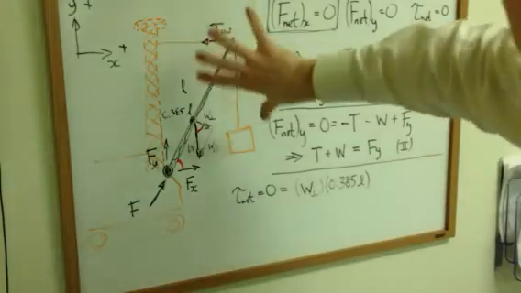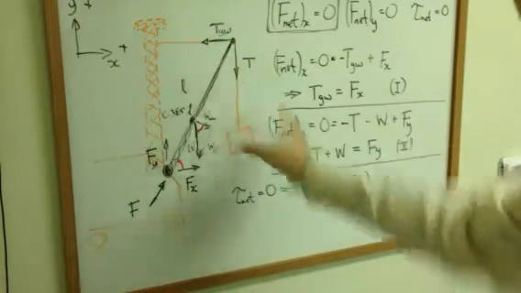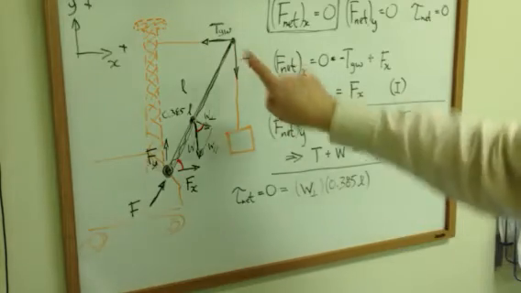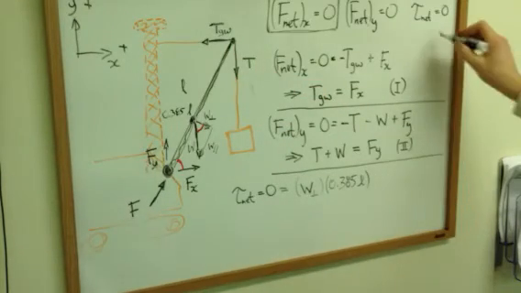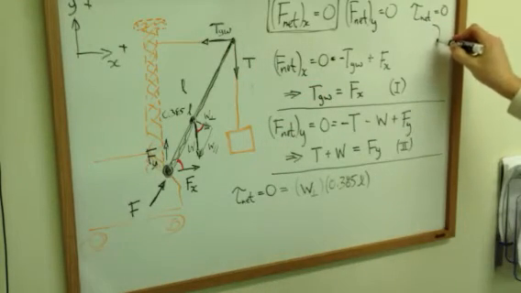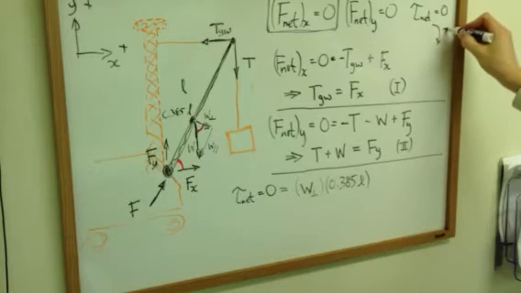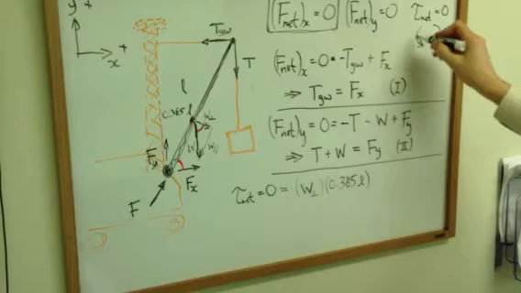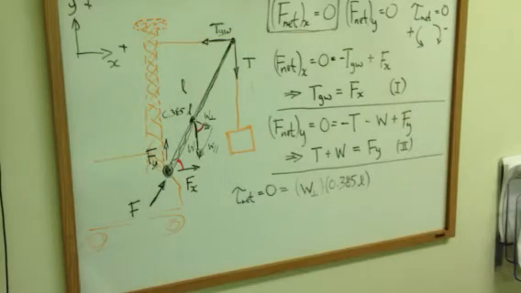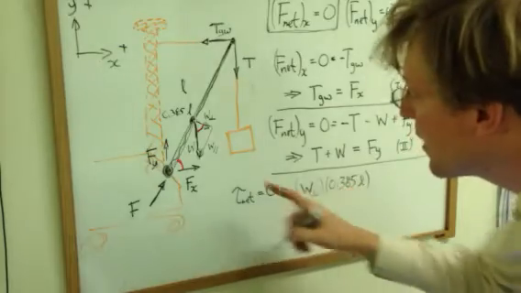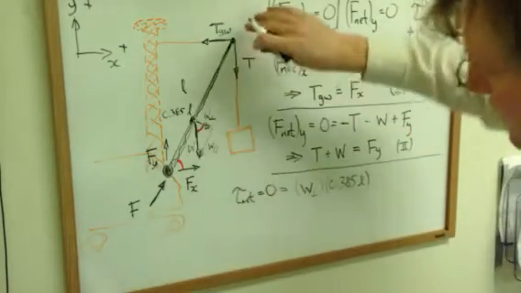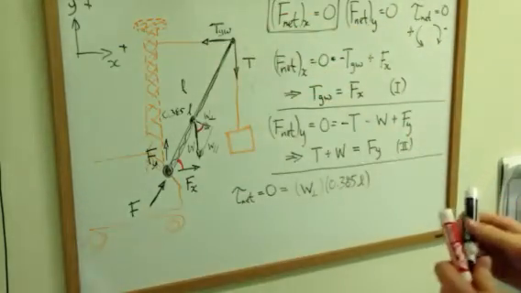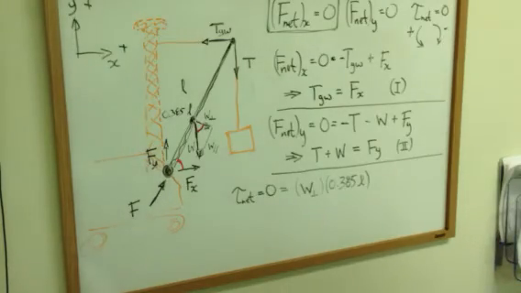And this is going to pull it in the counterclockwise direction, which, for torques, this direction is negative and this clockwise direction is positive. So this is counterclockwise. Actually, no, wait a minute. I made this mistake in class too.